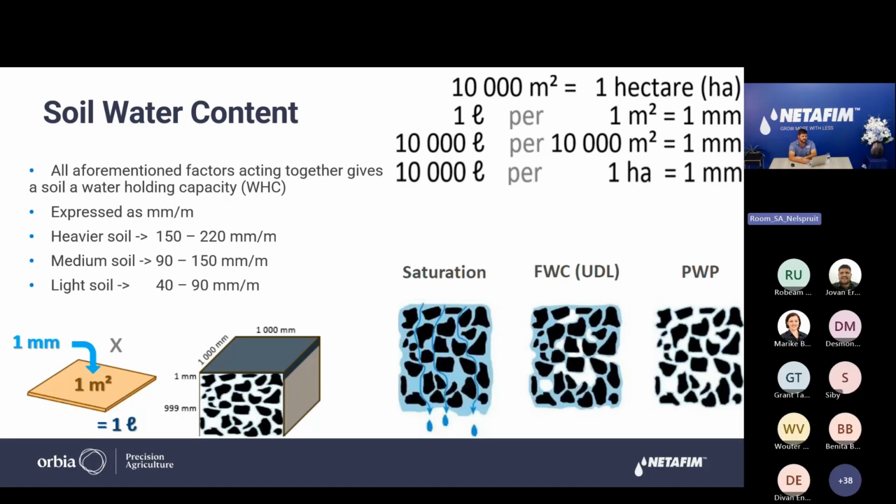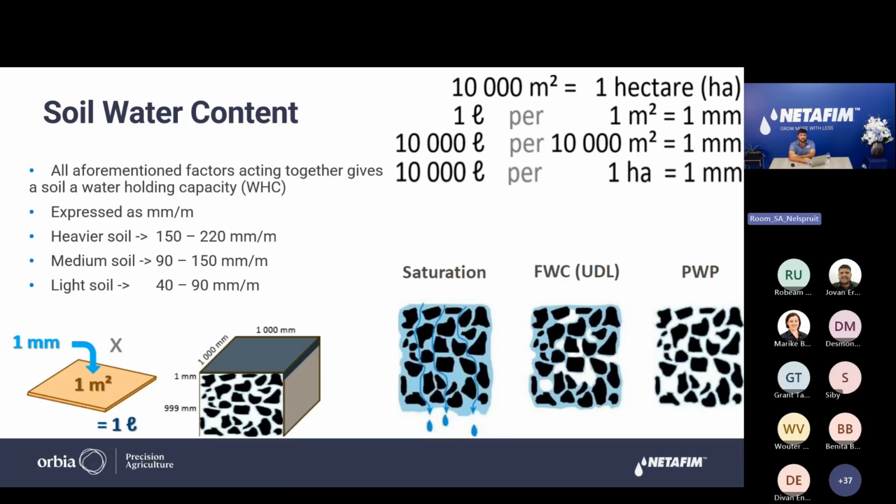Heavier soils tend to have higher clay percentages and more micropores, as I've mentioned. They tend to have water holding capacities of between 150 to 220 millimeters per meter. Medium soils, your loamy soils and some sandy loams, will have 90 to 150 millimeters per meter, and lighter soils can have 40 to 90 millimeters per meter.